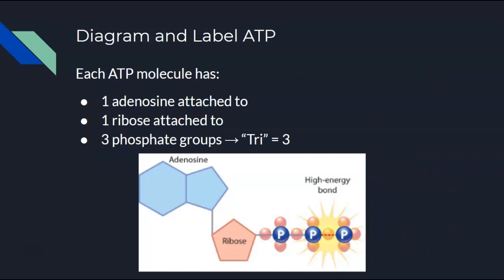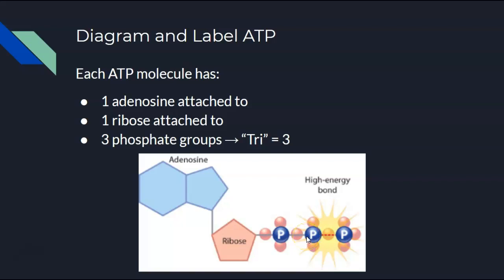So let's talk about what ATP actually is. So ATP, adenosine triphosphate, has one adenosine, okay? This is connected to a ribose, which is a sugar. We'll talk more about it later on in the year, but I just need you to understand that adenosine is connected to a ribose, and then the ribose is connected to 3 phosphates, right?